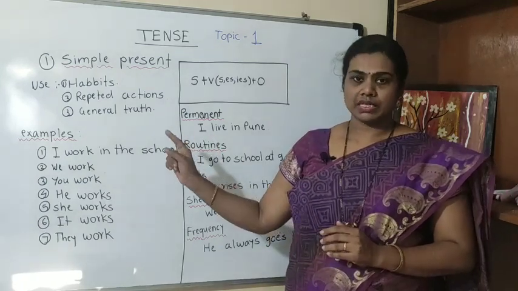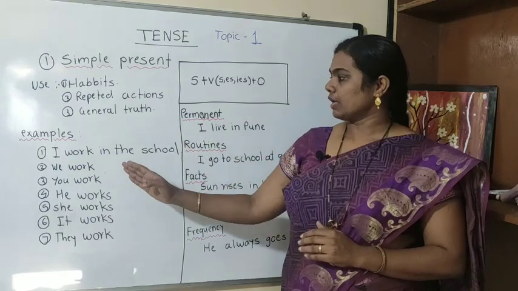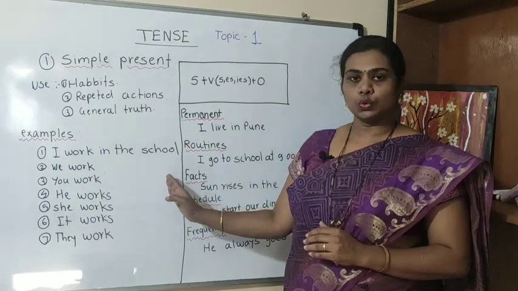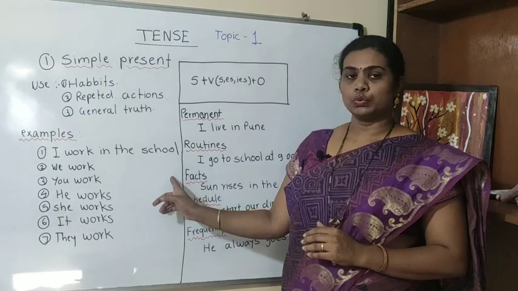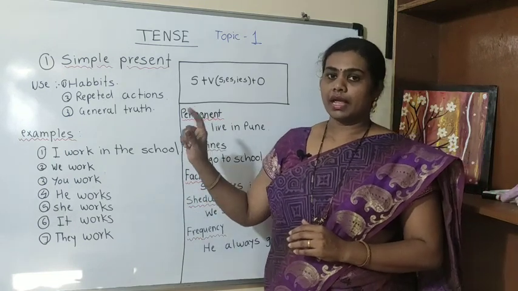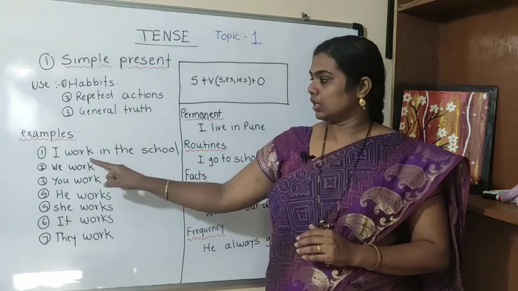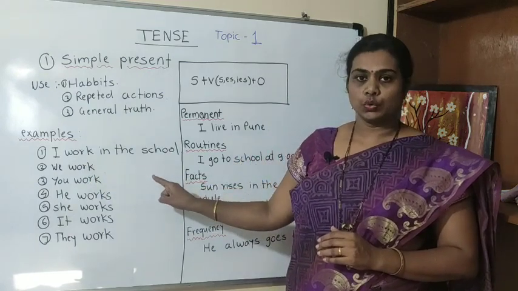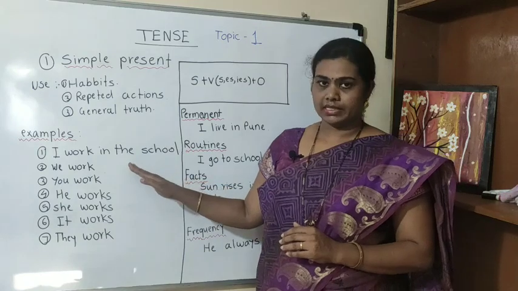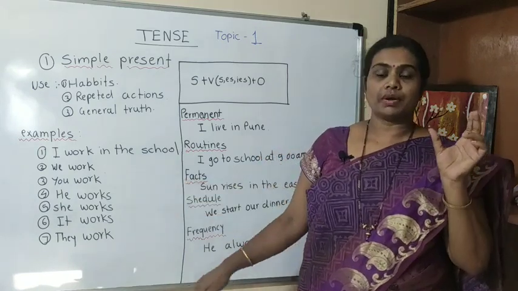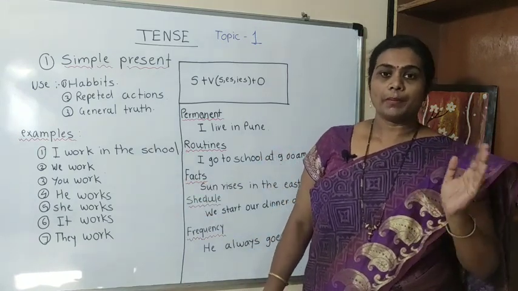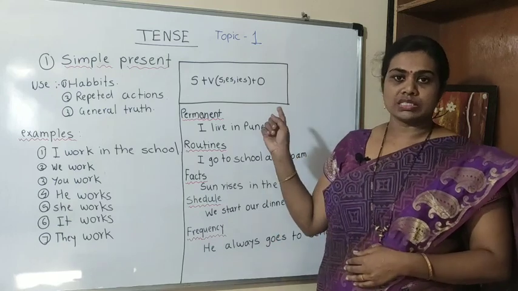See, I have some examples here. I work in this school. I work in the school, but listen, it has some structure. I have written one sentence here: I work in this school. This sentence is framed in one particular structure. We have made some structure for your sake.